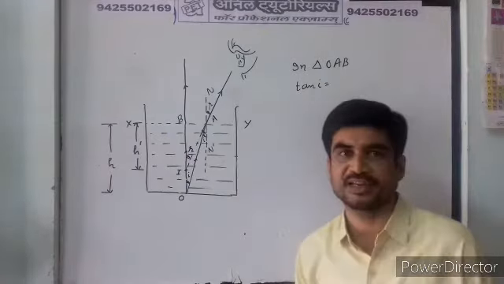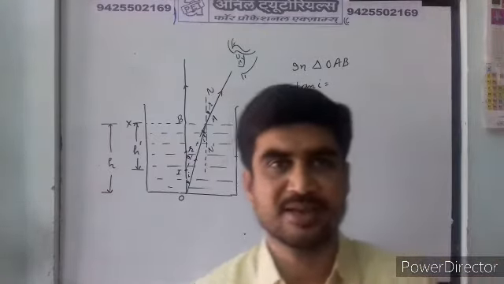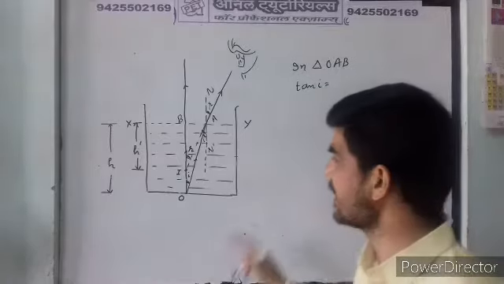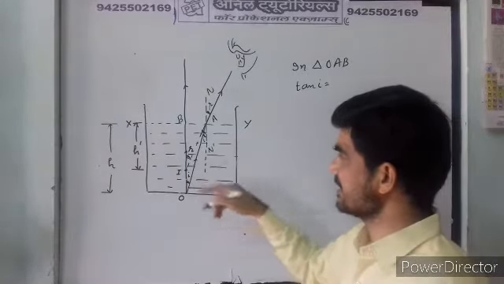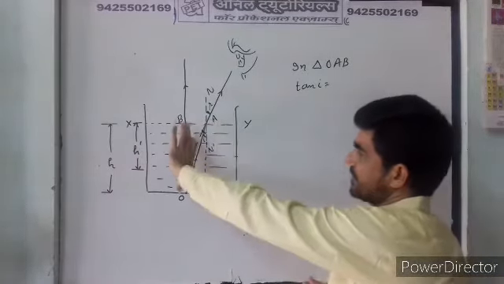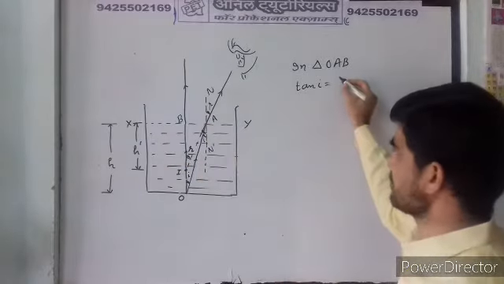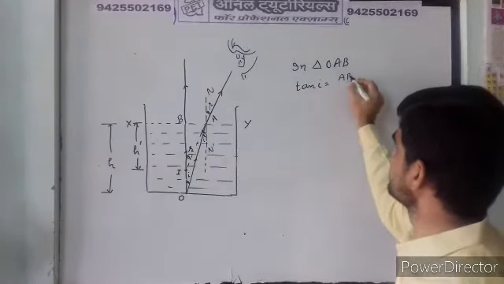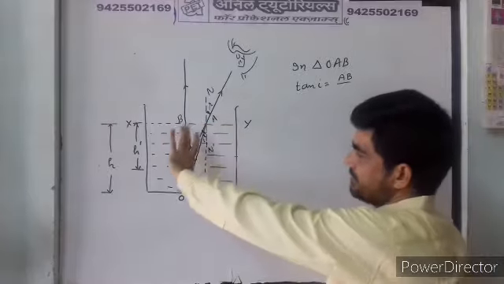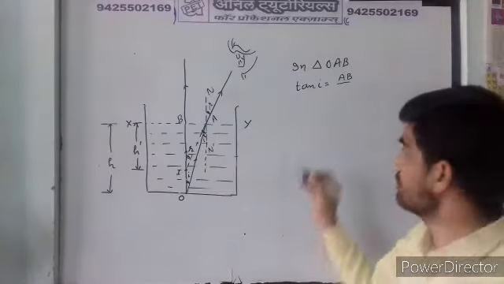Tangent of the angle equals perpendicular by base. So tan i is perpendicular over base. Perpendicular is AB divided by base, the base is OB.